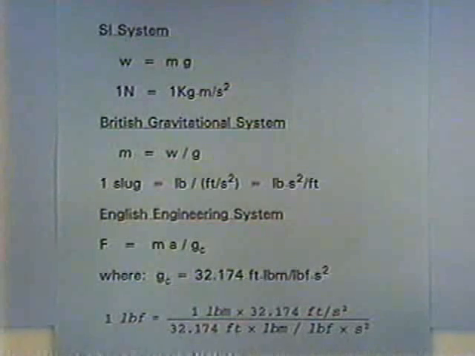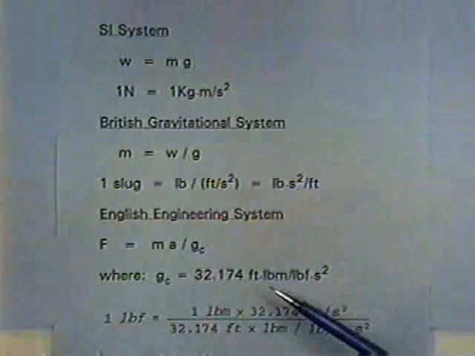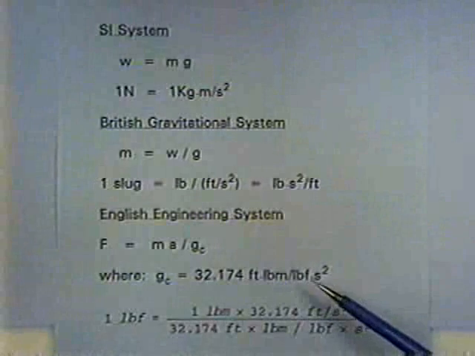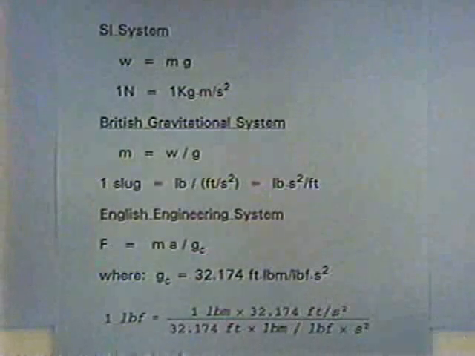And in the English engineering system, in which you're trying to have pound force equivalent to pound mass, the problem with that is your units are not consistent when you say force is mass times acceleration. And so you've got to throw in a fudge factor, that g sub c in the equation that you're looking at there. And so this g sub c is 32.174 with units foot-pound mass divided by pound force times second squared.